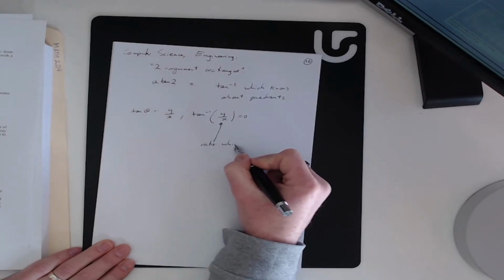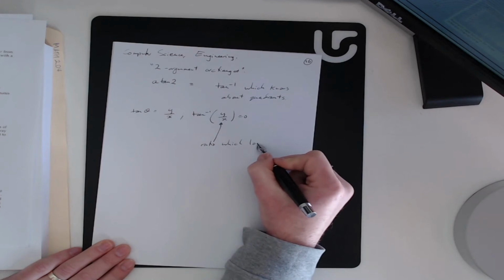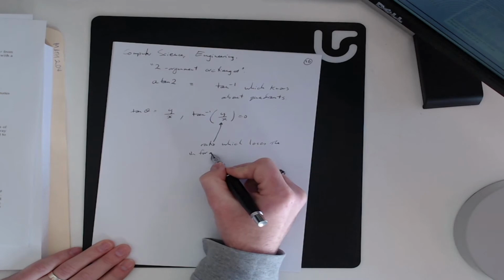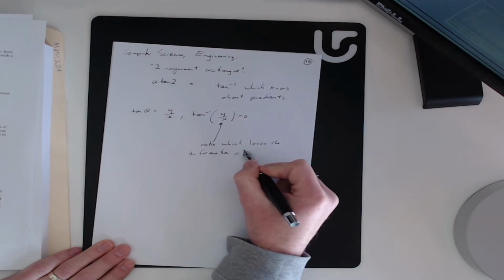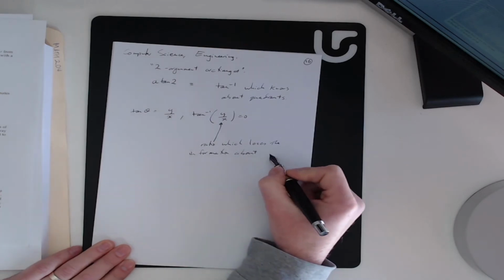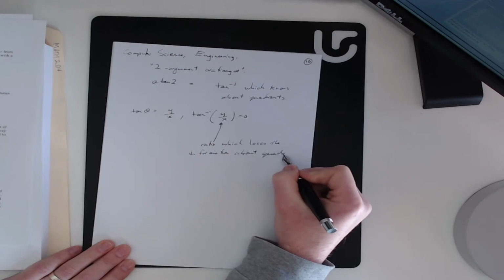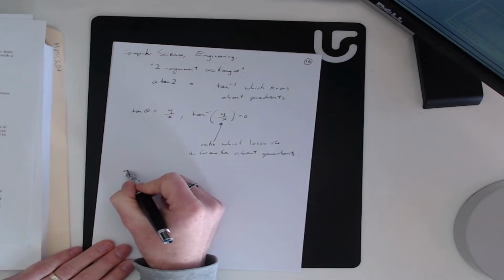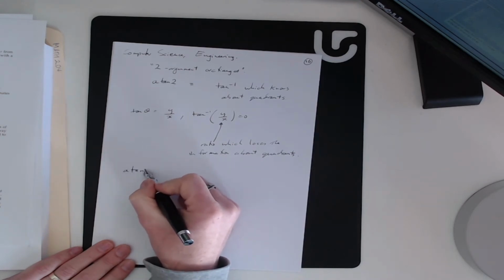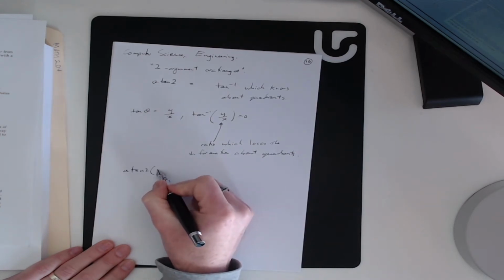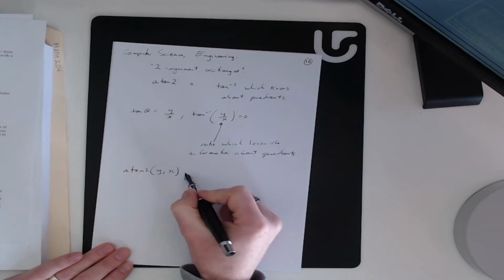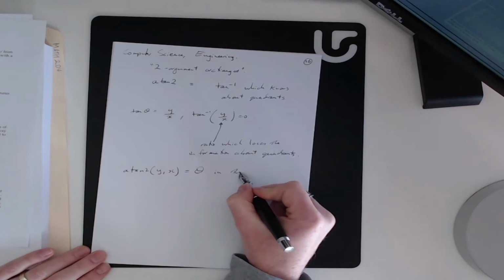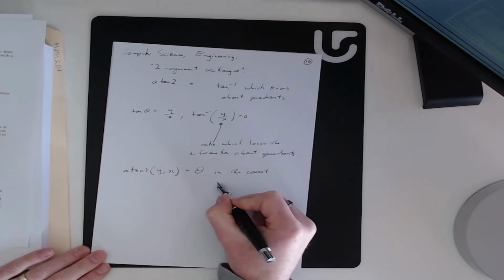And the ratio is the thing which loses the information about quadrants. atan2 takes its two arguments, which are usually denoted x and y, and it returns theta in the correct quadrant.